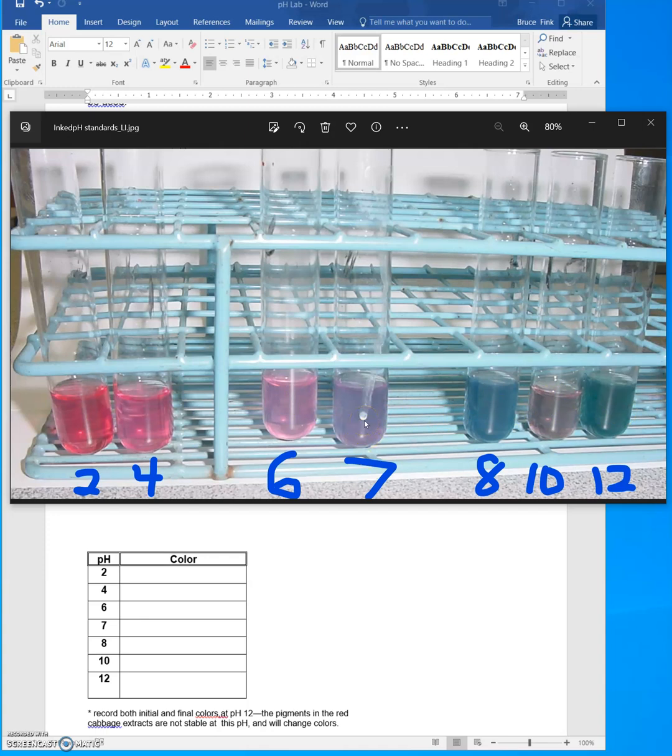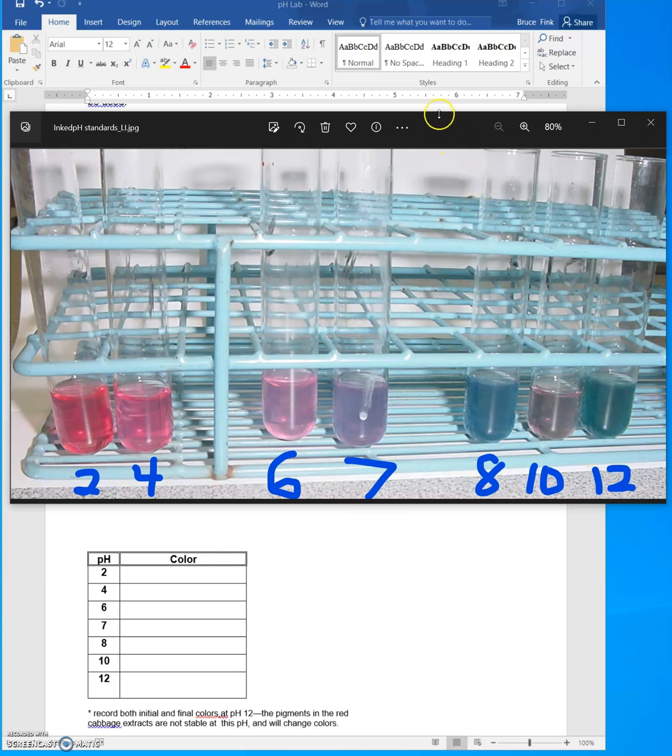And so by this image, you're able to connect in your mind a certain color with a pH. So it doesn't say on the tube, this is a pH of 2. You just understand when you see that bright red color, that's a pH of 2. When you see this dark green, however you want to describe that, that's a pH of 12.